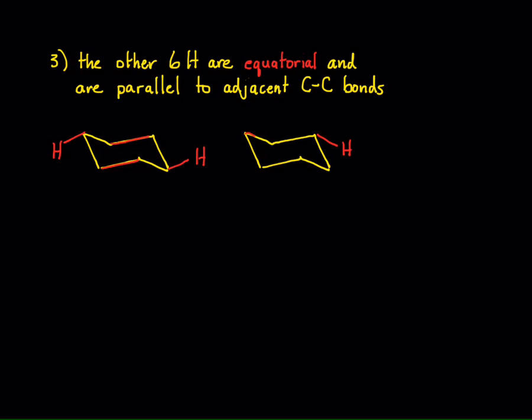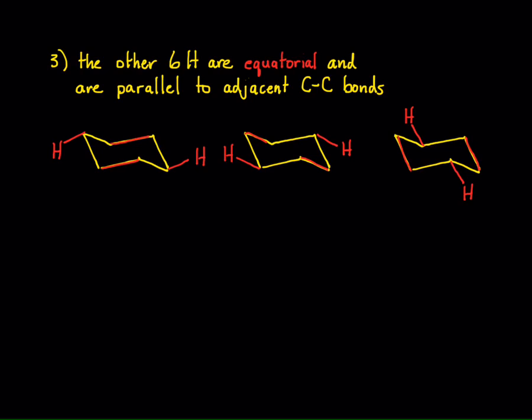Now, I have another set that looks like this, that are parallel to another set of adjacent carbon-carbon bonds. And then lastly, and this is probably the most difficult one, is the hydrogen that's coming out and the hydrogen that's going behind. Again, they run parallel to the adjacent carbon-carbon bonds.